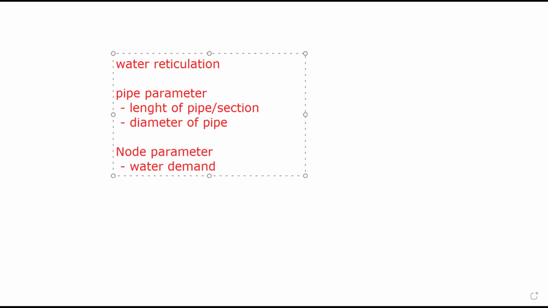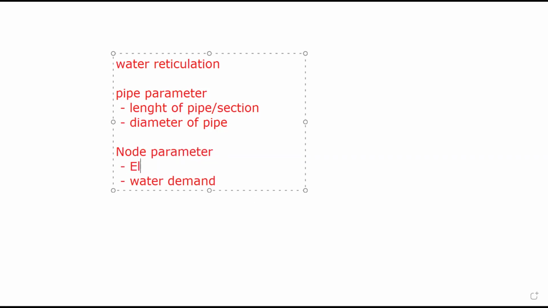And under node parameters, you must discuss what is the elevation at that point. The second one is what is the water demand? Some people will call it water demand, some people will call it flow.